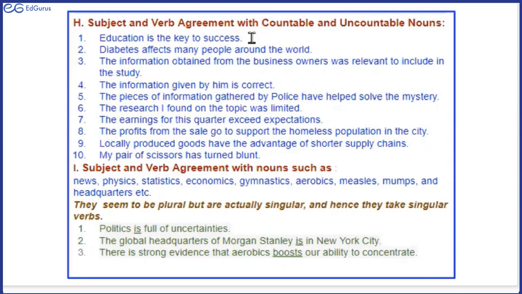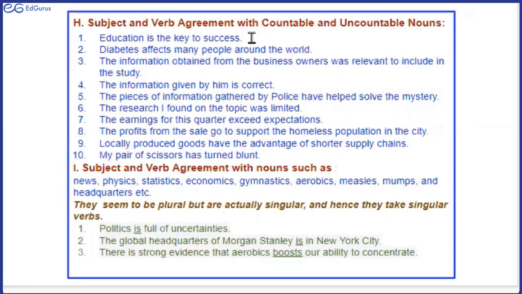Diabetes affects many people around the world. Now, diabetes has an S at the end, but is diabetes the singular name of a disease or the plural name of a disease? Ma'am, singular name. Singular, right? It is singular.